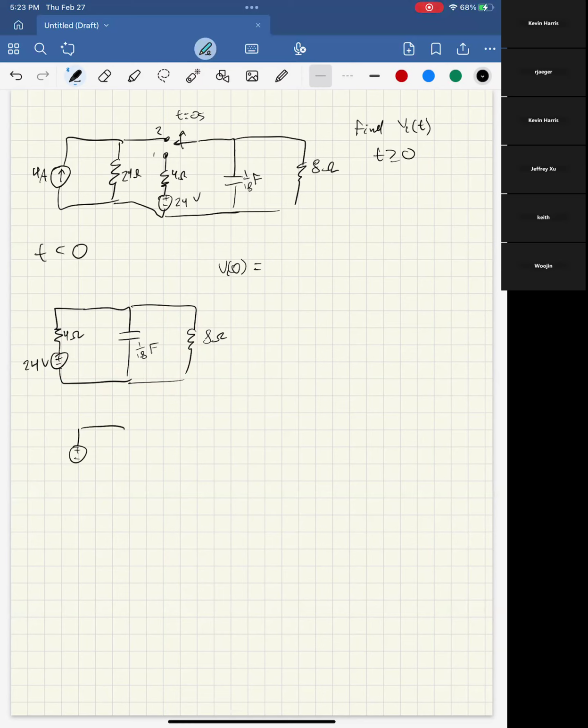If you wanted to, you could redraw the circuit like this, and then this, where it's connected like that, right? Hopefully you can see that this has all the same connections. You just move things around a bit, but that's the same circuit.